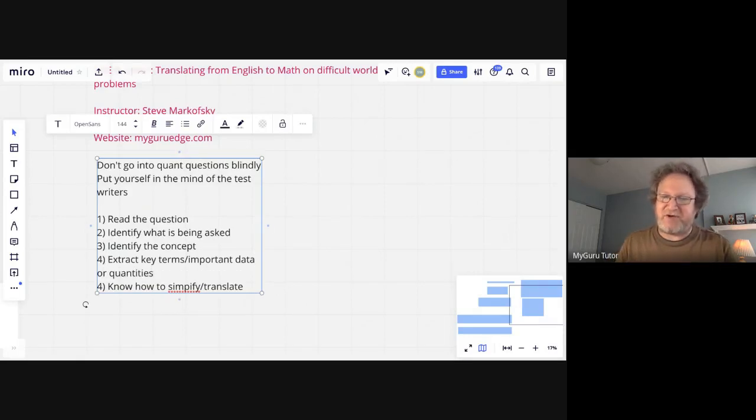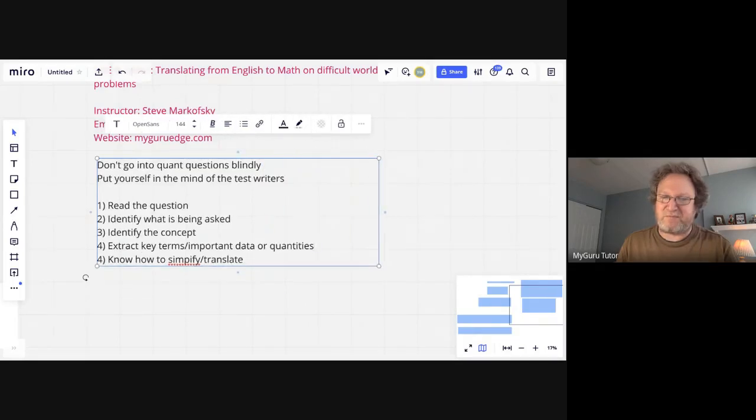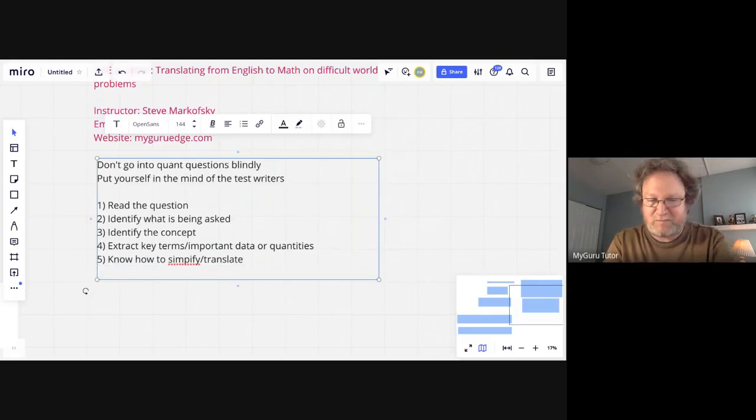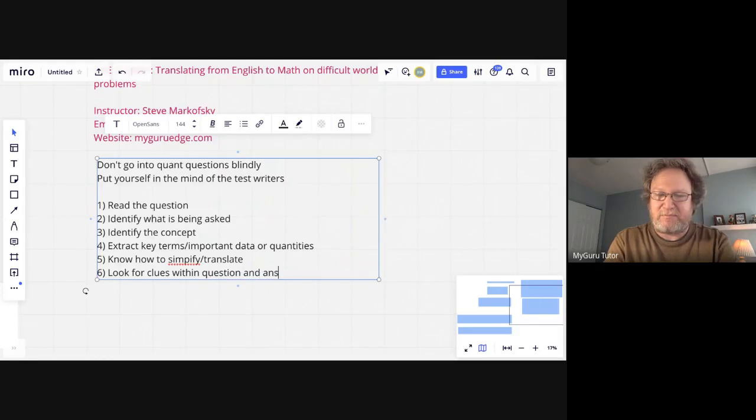Know how to simplify and translate. Number 5. Look for clues within the question and answer. That's going to help guide you.